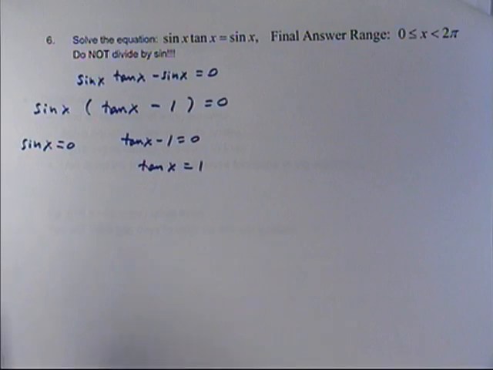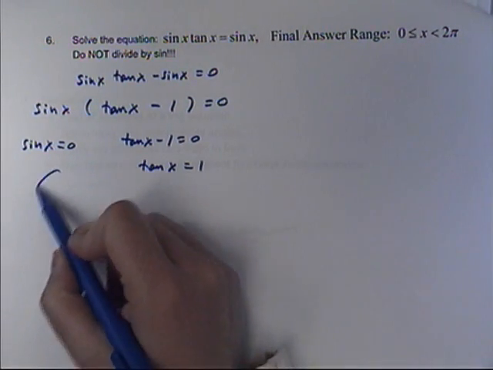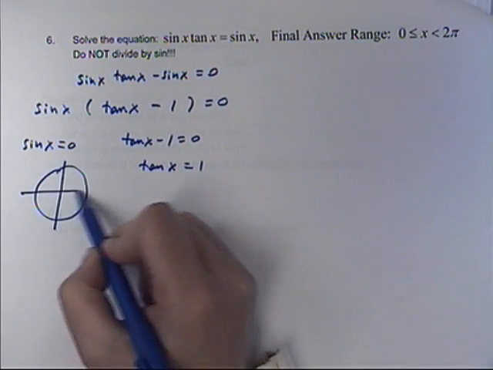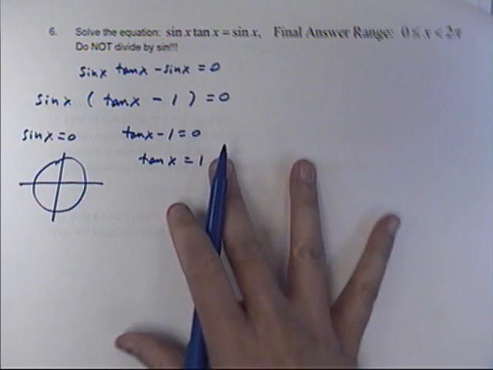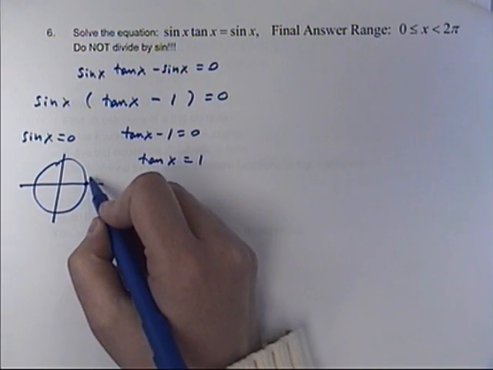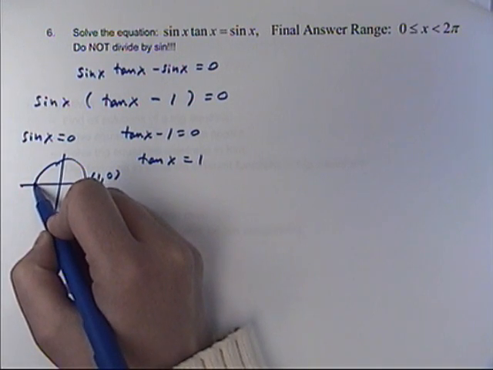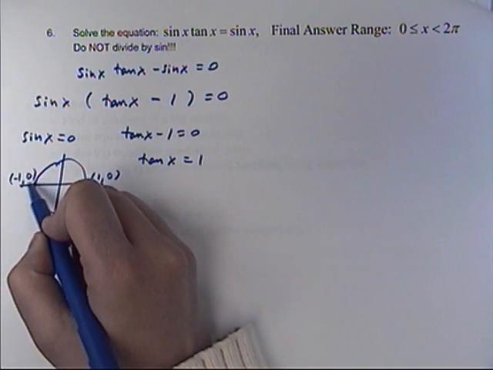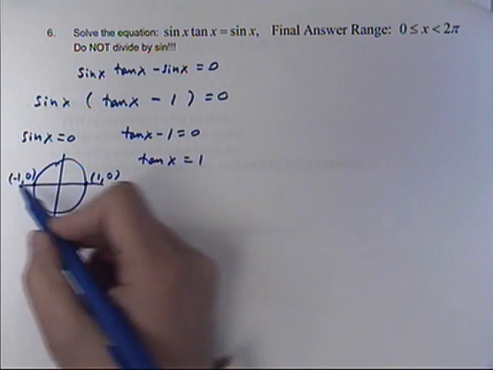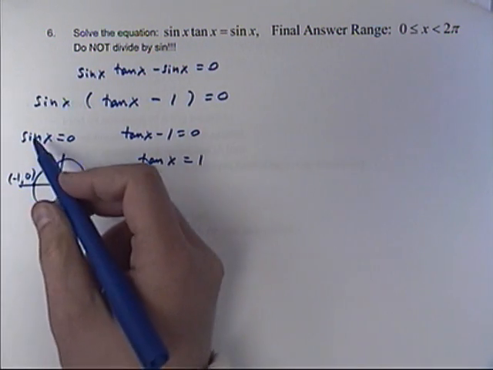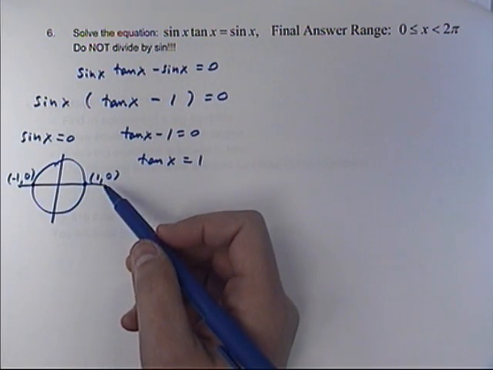So where is sine equal to 0? Well, on a unit circle, sine is your y value, and at this position here, we have x value of 1, y value 0. And at this position here, we have x value negative 1, y value 0. So these are the 2 positions where the sine, or the y, is 0.